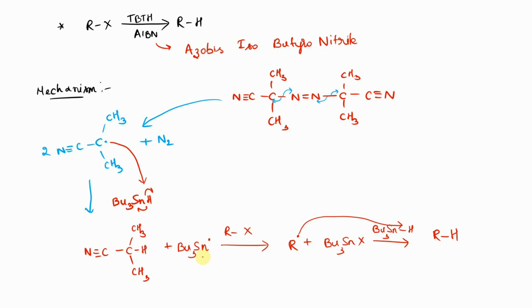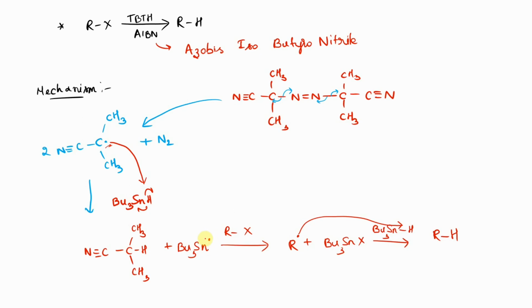I'll explain this once more. Observe carefully. First the mechanism starts with the processing of azobisisobutyronitrile. This is the driving force, which we also call a side reagent. It breaks down the bond between carbon and nitrogen through a free radical mechanism. As a result, we obtain a carbon free radical. This carbon free radical attacks our reagent tributyl tin hydride through a free radical mechanism again, leading to the formation of a tributyl tin free radical.